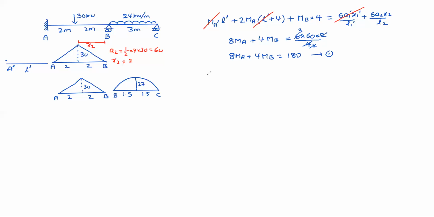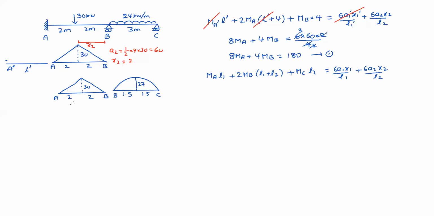AB and BC you can write like this: MA L1 plus 2 MB (L1 plus L2) plus MC L2 equal to 6 A1 x1 by L1 plus 6 A2 x2 by L2.